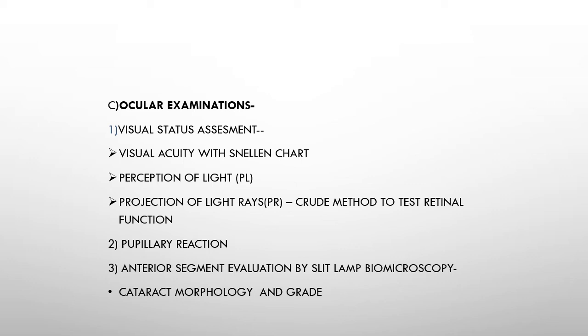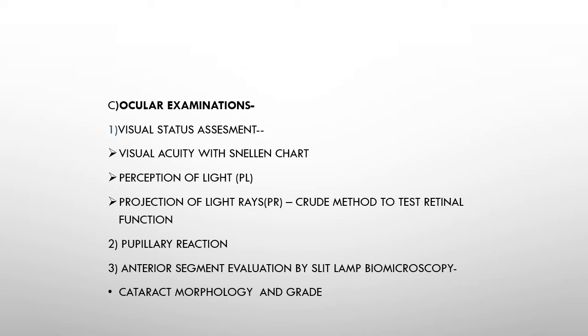So in mature cataract, usually the patient's vision is less than hand movement close to face. In such patients, perception of light and projection of rays is very important. Next is the pupillary reaction, whether the pupil is reacting or not, because that is important during cataract surgery. Because for cataract surgery you need a properly dilated pupil.